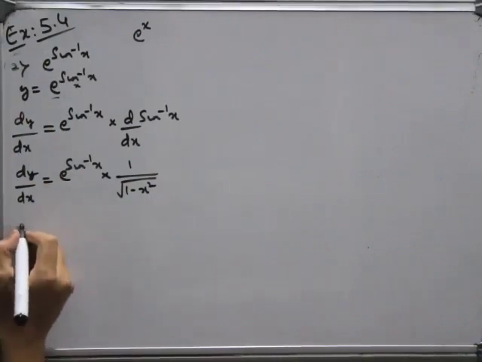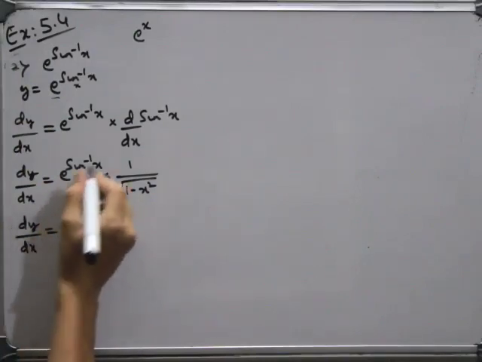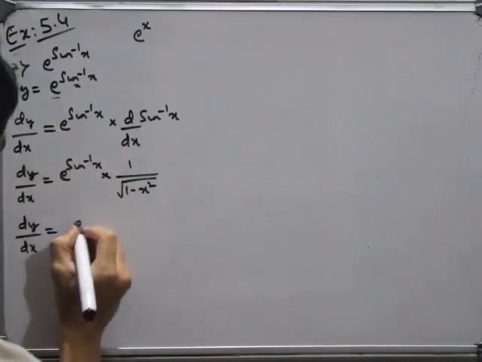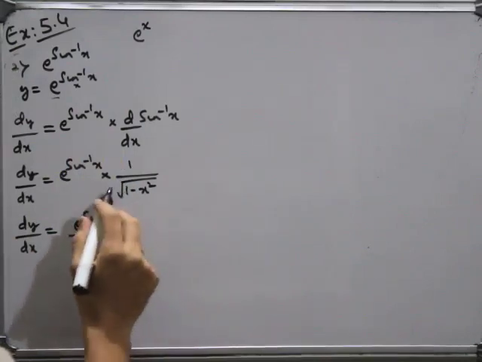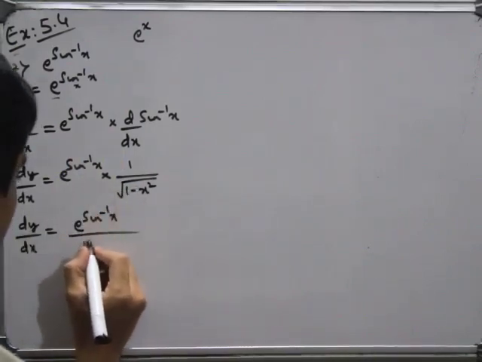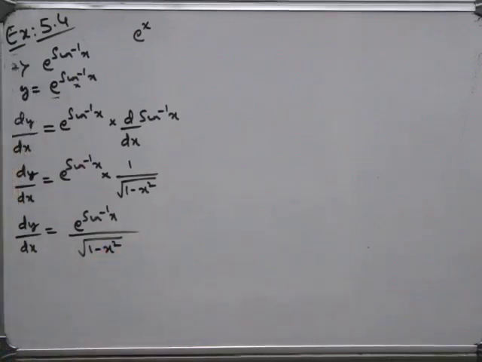Your final answer will be dy by dx is equal to e power sin inverse x divided by root of 1 minus x square. So this is how you have to solve.